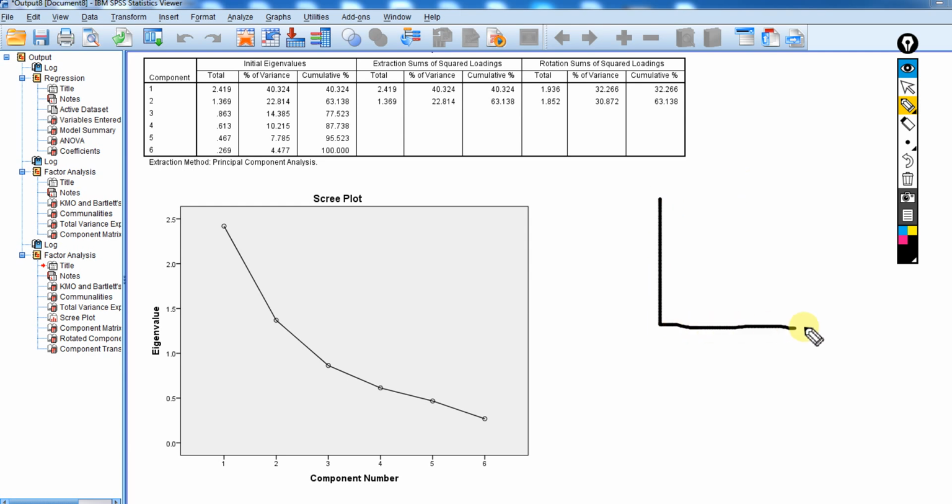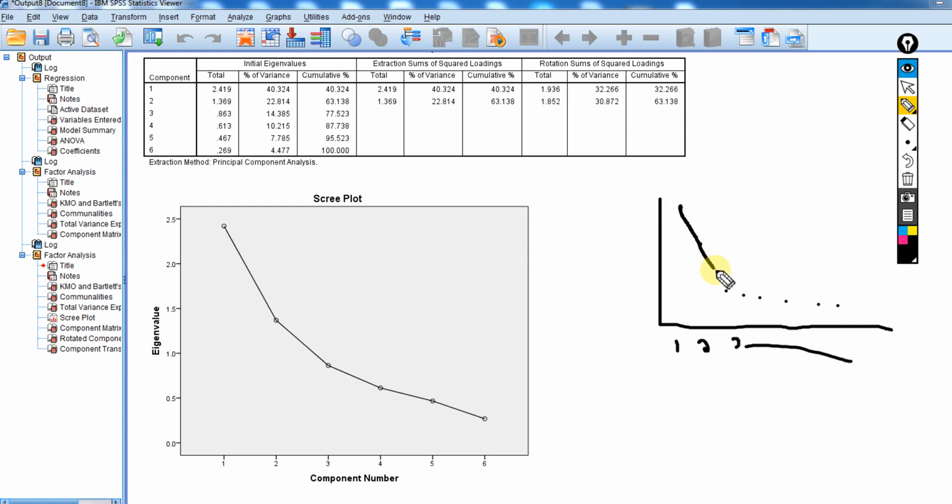To give you another example, imagine that we had something that looked a little bit more like this. Let's say you had an eigenvalue for component 1 right here, an eigenvalue for component 2 right here, and then an eigenvalue for component 3, and on. If we were to create our scree plot, it would look a lot more like this.